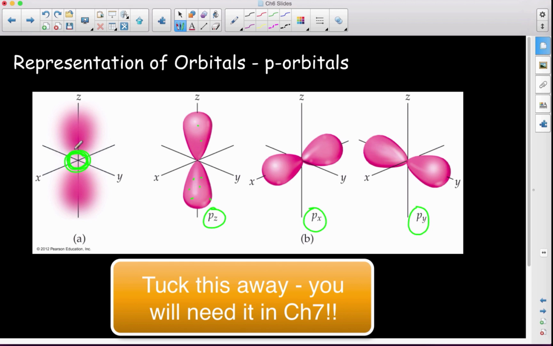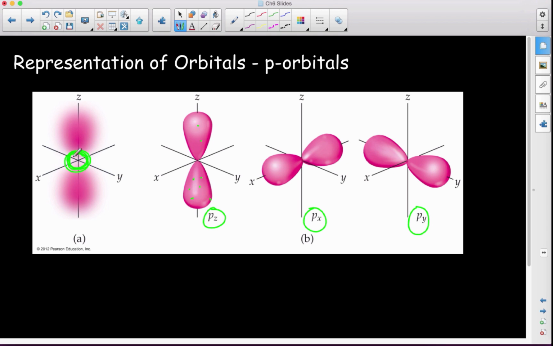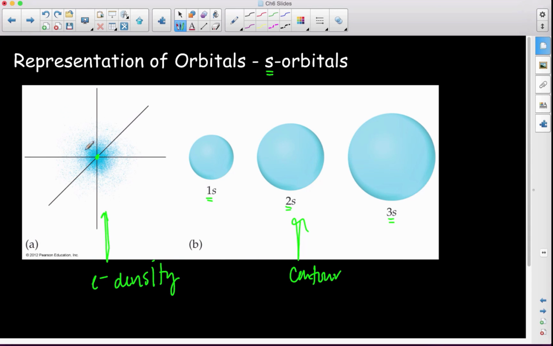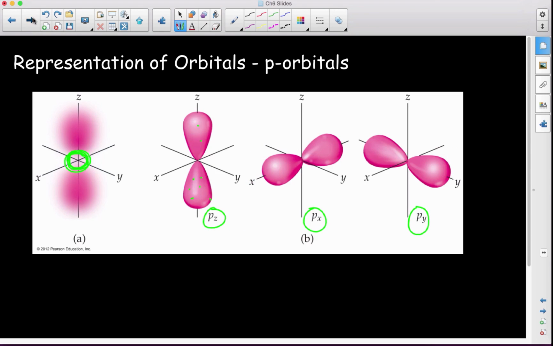We would call that nuclear penetration, in that s orbitals penetrate closer to the nucleus than p orbitals do. We can see that in either of these diagrams, but the electron density one shows it really well. There's almost no density here, whereas when we go back here, that's where our region of highest density is. Just one of those little tidbits to bear in mind.